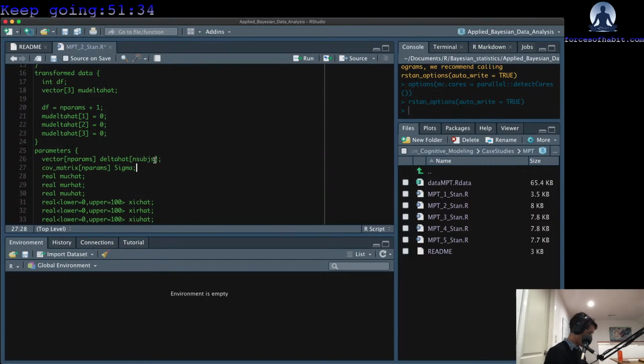I'm going to have to look at... I don't have a good example of these specifications with a vector and then this thing and then a vector. Okay, there we go. Vector.